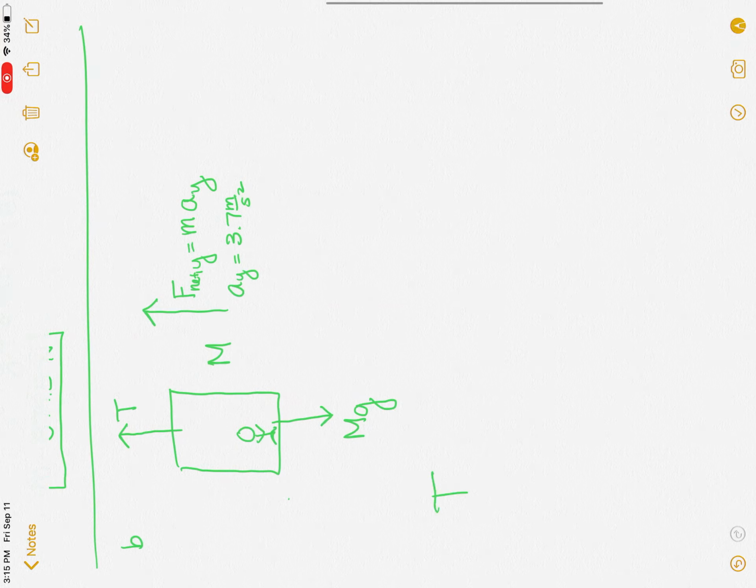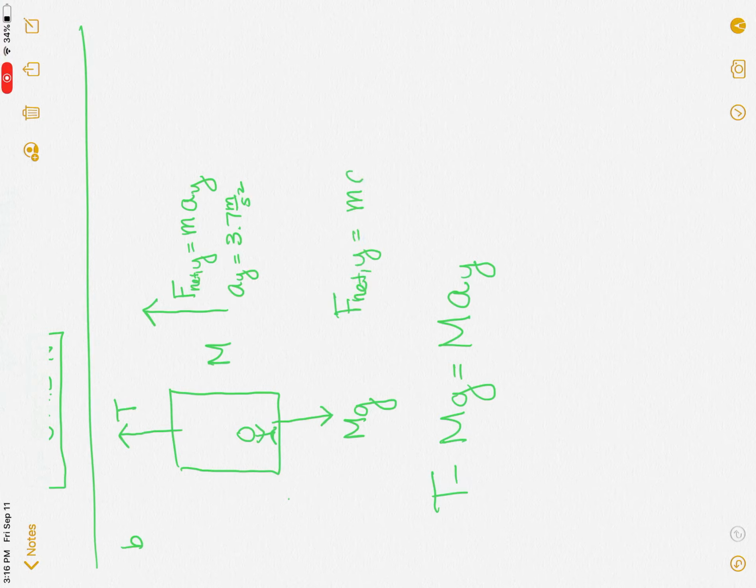Now let's find the tension in the elevator's cable. Essentially we're doing the same thing, where F net acts only in the y direction and is equal to Ma_y, and our two forces are the tension and the gravitational force, Mg, of the elevator. So the tension is equal to the mass times the gravitational acceleration plus the acceleration.